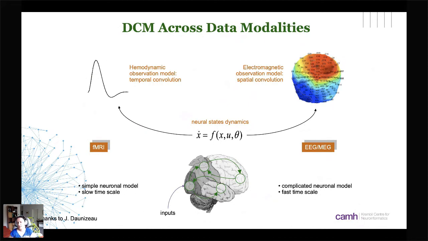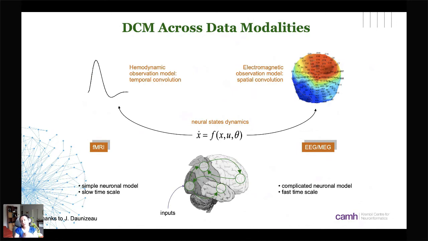So what DCM for fMRI and DCM for EEG and MEG share in common is one equation at the center that describes how relevant states, such as membrane depolarization, evolve over time. The rate of change of X is a function of the current states X, the inputs u, and some unknown parameters, theta.